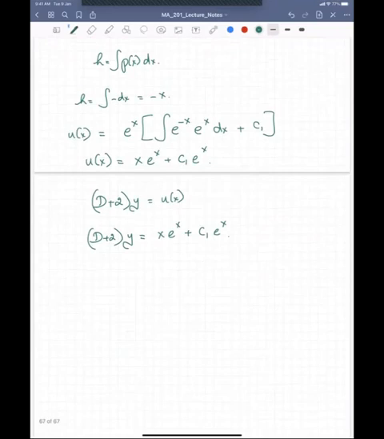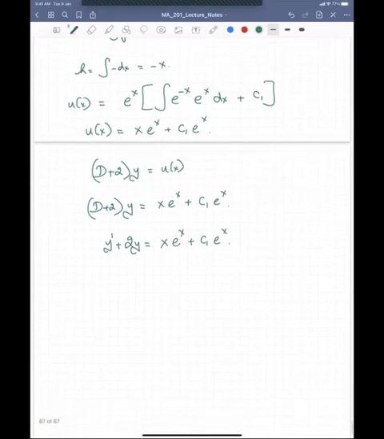Now I have a second first order differential equation for y. So basically, in this simple case, I have broken up a second order differential equation solution as two successive first order differential equations, which I know how to solve. Again, I will write this in the familiar form, y prime plus 2y equals x e to the x plus c1 e to the x.